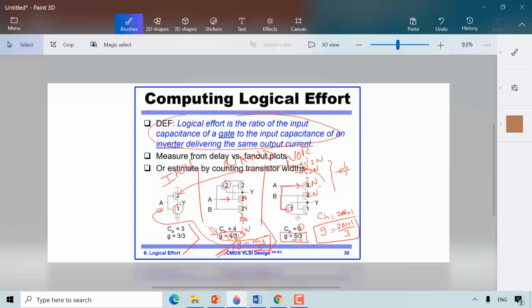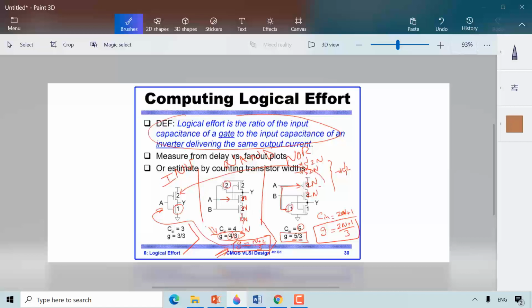What I said is that the G for the NOR is less than the G for the NAND, and the NAND less than the G for the inverter. What I meant to say is that the current capability, the strength of the NOR gate is less than the strength of the NAND gate, which is less than the inverter.